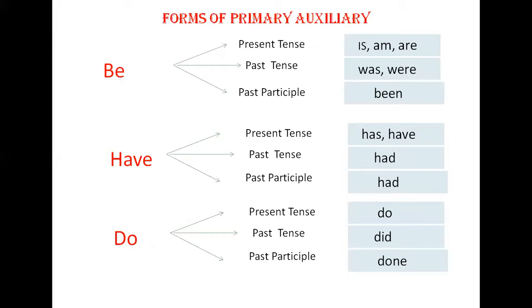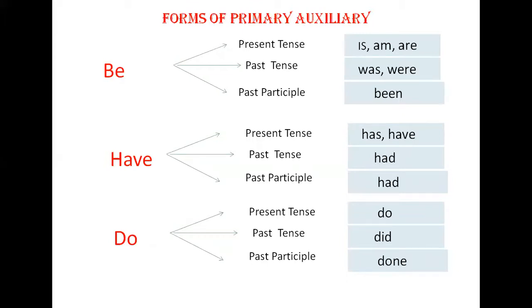Be has three forms: present tense, past tense, and past participle. In present tense we use is, am, are. In past tense we use was and were, and in past participle we learn been.